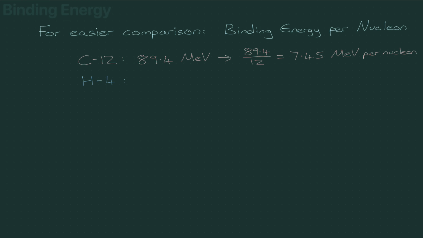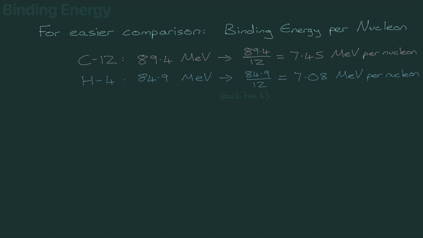For helium-4, the total binding energy for all three nuclei was 84.9 mega electron volts, giving 84.9 over 12, since the three nuclei had 12 nucleons still, which equals 7.08 mega electron volts per nucleon.